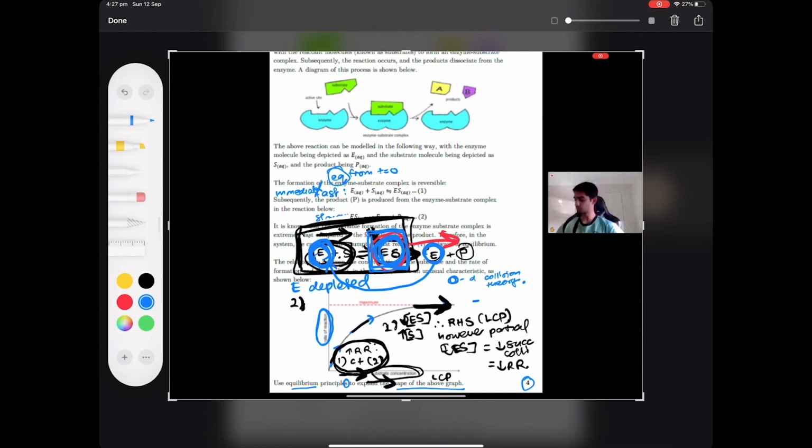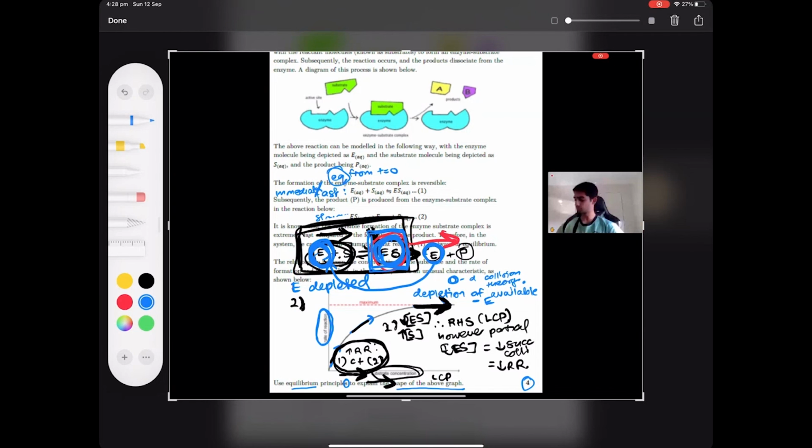So my final point for the plateau is that there has been a depletion of available E. According to chemistry terms, your S has become your excess reagent, and your E is now your limiting reagent. You can state it as that.